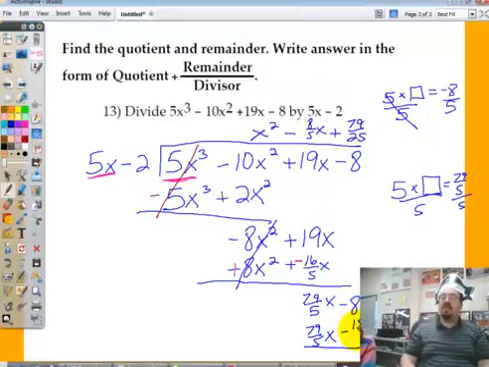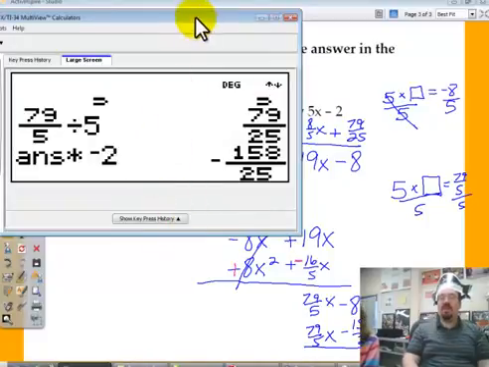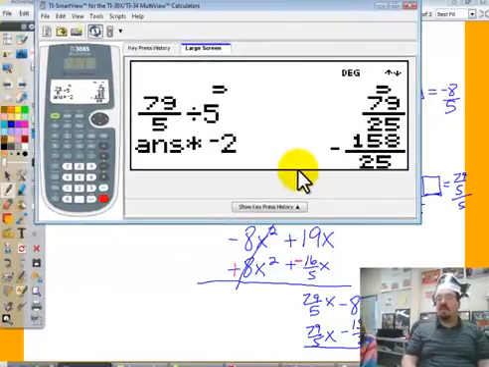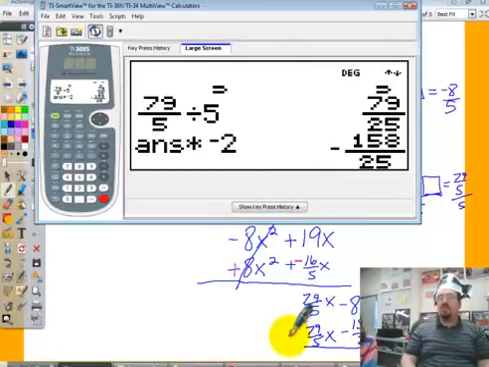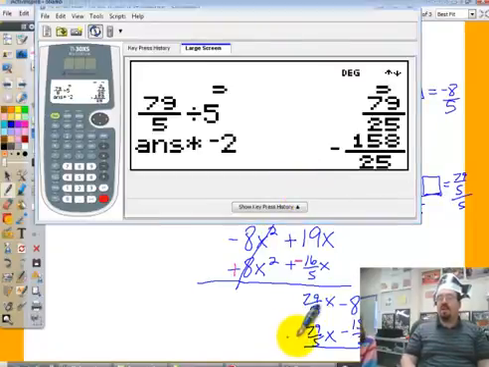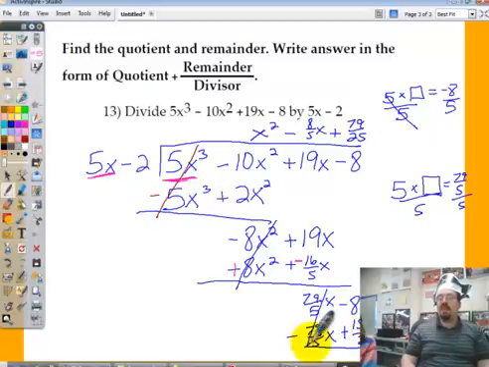This seems like an outrageous number. I'm not going to give you one like this in the test, I promise. But I take my negative 158 over 25, and I draw the line and change both the signs. So those cancel. And that gives me negative 8 plus this whole thing.